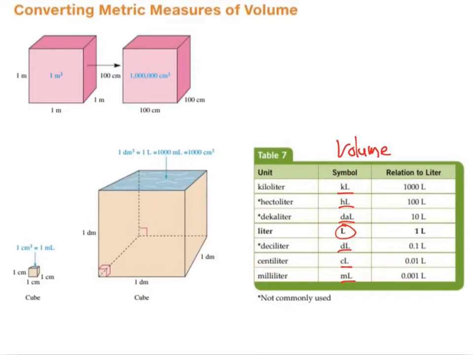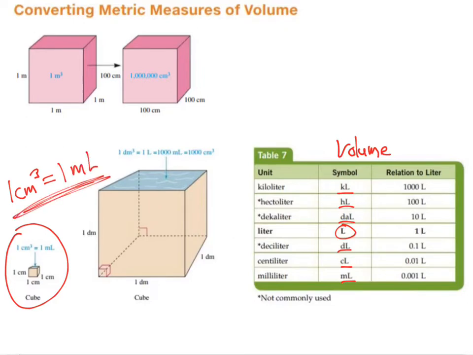And specifically, here's a nice connection. 1 cubic centimeter, that's volume, cubic volume, is 1 milliliter. They set that up very nicely in the metric system. We'll remember that and use that. 1 cubic centimeter is 1 milliliter.